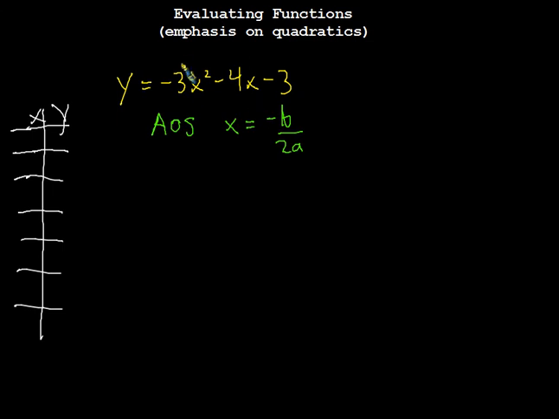So the number in front of the x squared is the a, and the number in front of the x is the b. So let's go ahead and plug those numbers in. So this will be negative parentheses, the b is a set of parentheses, 2 times parentheses, the a is also a set of parentheses, and we'll go ahead and plug those numbers in. So in this case, the b is -4, and the a is -3.